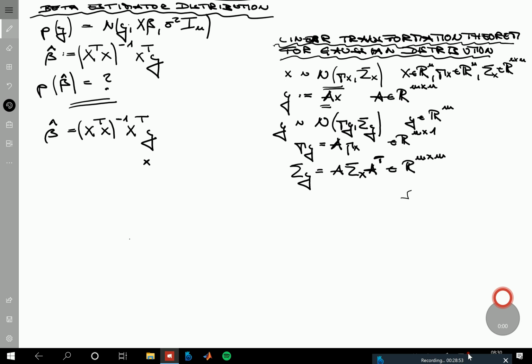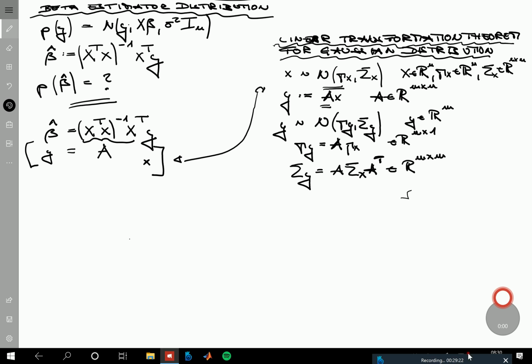And our A is here this (X^T X)^-1 X^T, and our y is beta hat. So that's how you want to apply this now to the case that we're interested in.